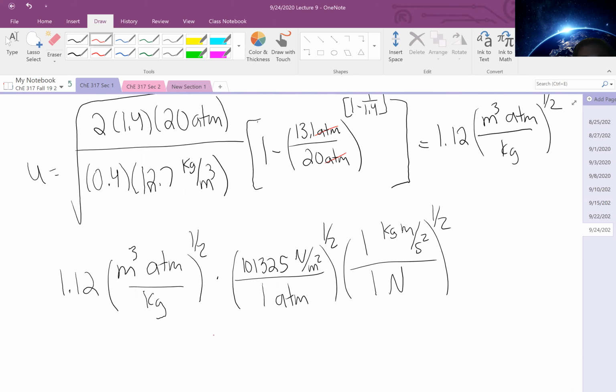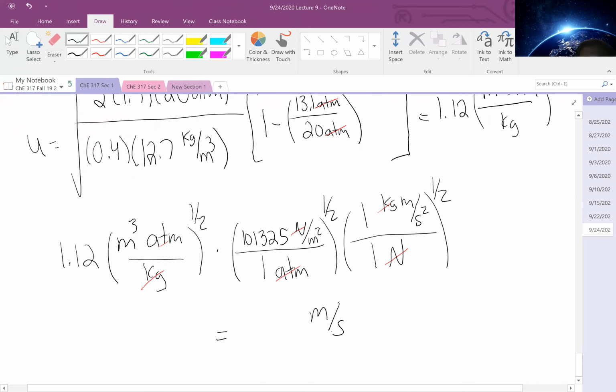So if we do this calculation, we find that what we're left with is meters squared on top and seconds squared on bottom, such that if we take the square root of meters squared per second squared, we're left with meters per second.